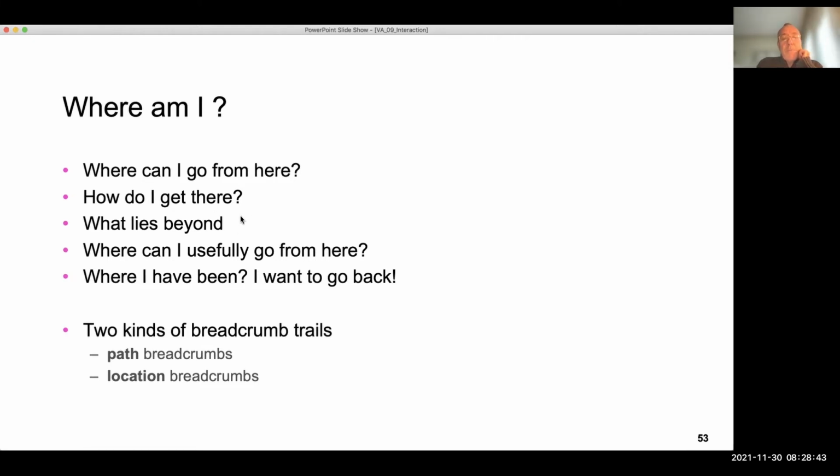The physical movement and browsing the web are very similar in this sense. And the typical idea is to use breadcrumbs, briciole di pane, as a way of remembering what you did. And you can have this breadcrumb describing the path you did or the location that you are visiting.